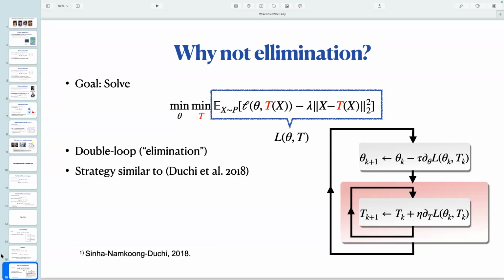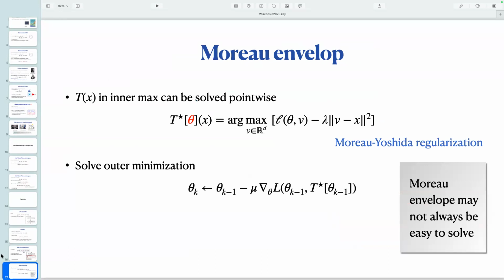But the difficulty with this is, you can show that for some special cases, like when L is strongly convex-concave, you can solve for T star. T star is given by this expression: take my loss, take the argmax with respect to the second argument, pointwise.